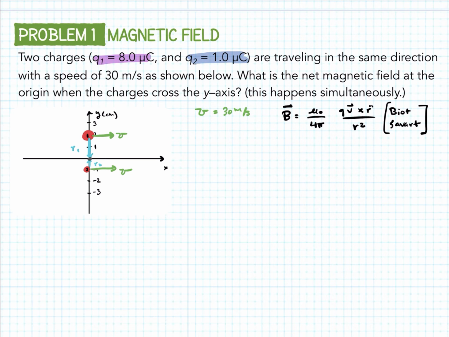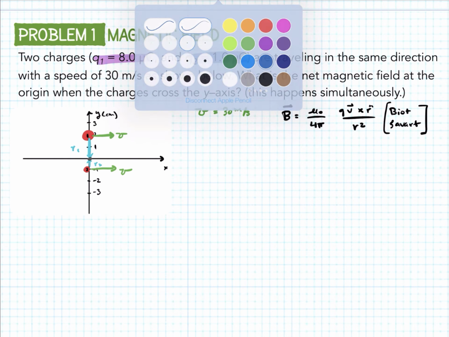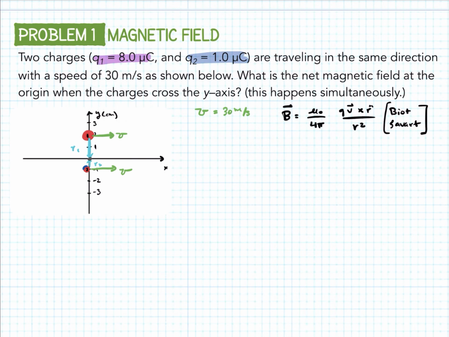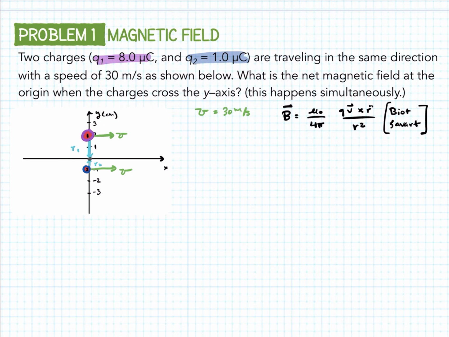And we're trying to calculate the magnetic field at the origin. So we're really calculating two magnetic fields, B1 and B2, because we have two different charges and we can calculate two magnetic fields and add them at a point. That's called superposition.